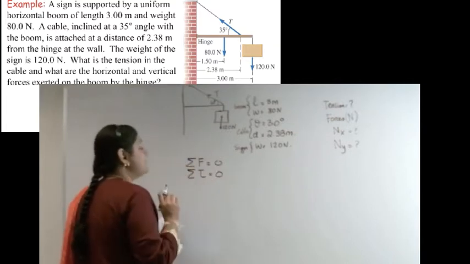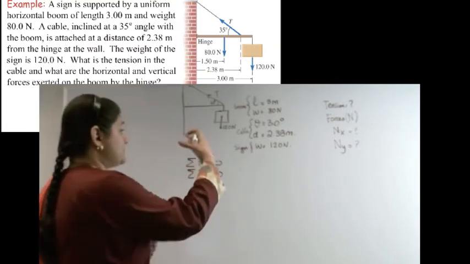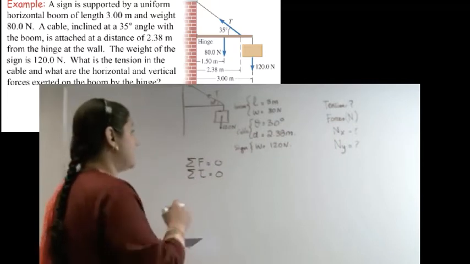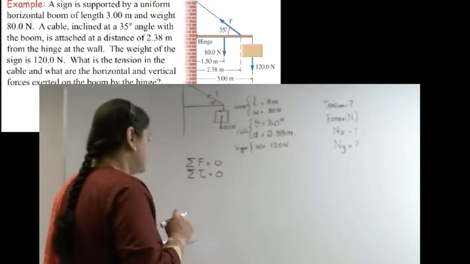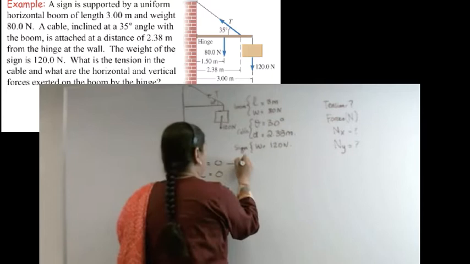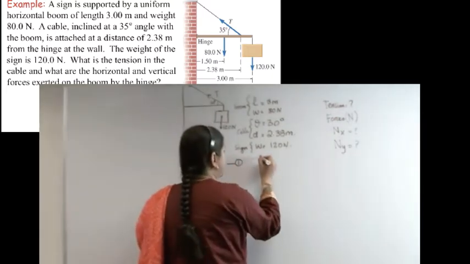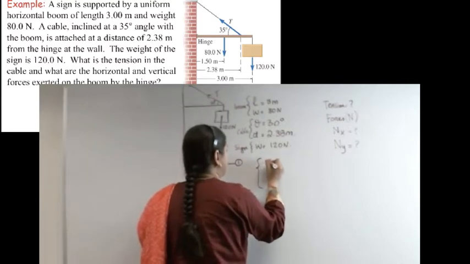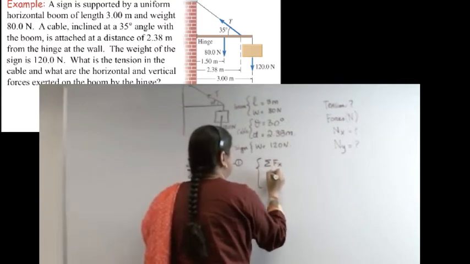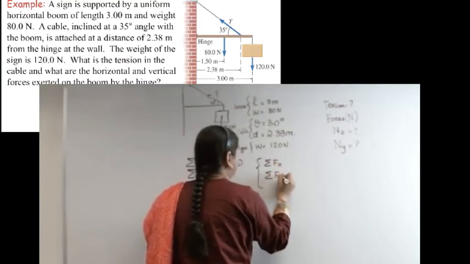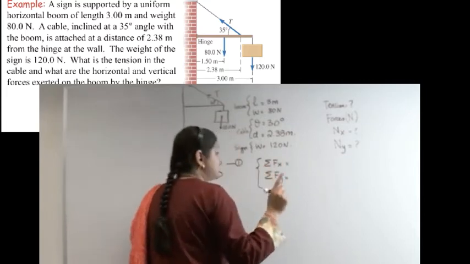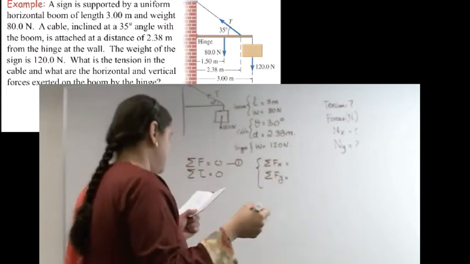Now these are going to be very useful for me to be able to solve all of the requirements that I need. Let's look at the first one. When I look at my force equations, how many force equations should I have? I should have a sigma Fx and a sigma Fy. Agreed? And since they are both in equilibrium, they should both be equal to 0.